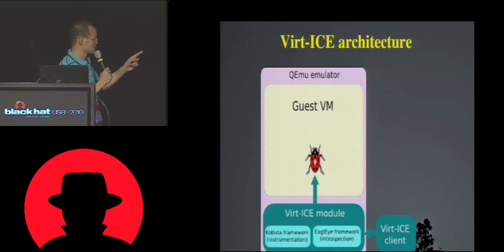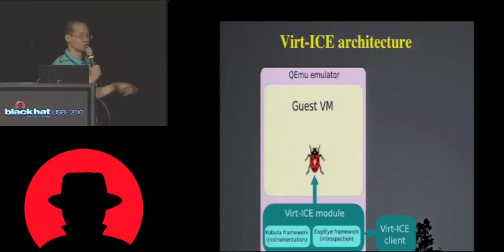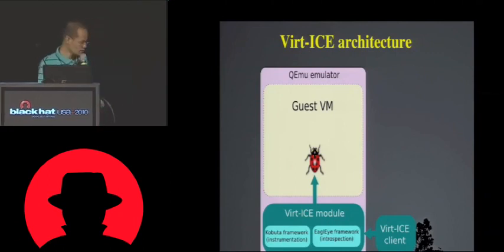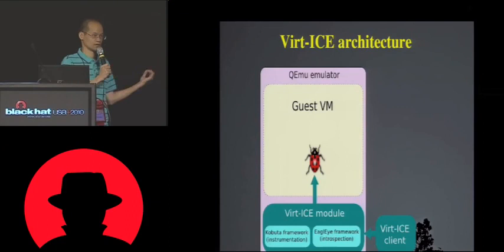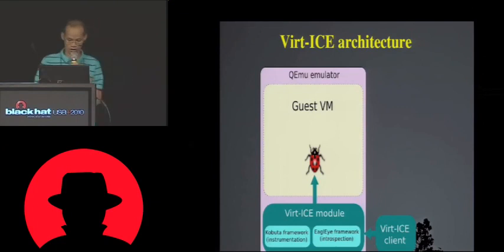One is the framework which I introduced before, and the second one is the Kubota framework. This framework is to instrument the virtual machine. We have the front end named VirtICE client to connect to the VirtICE module to send requests, get back the answer, and show it for people to see.